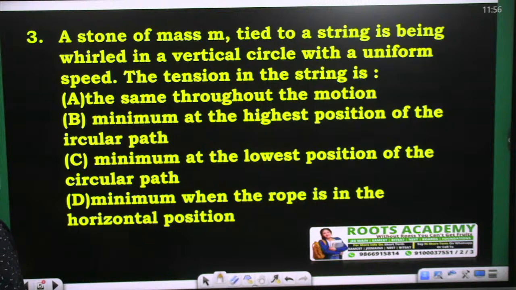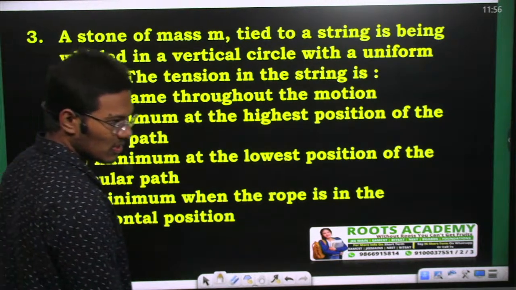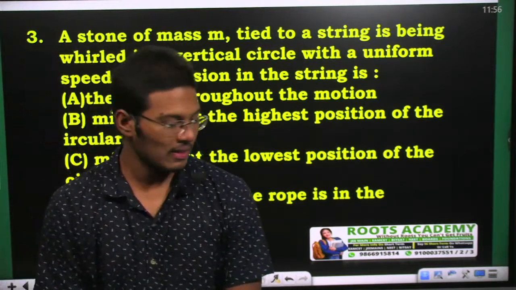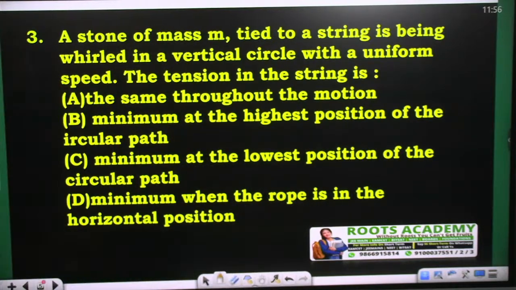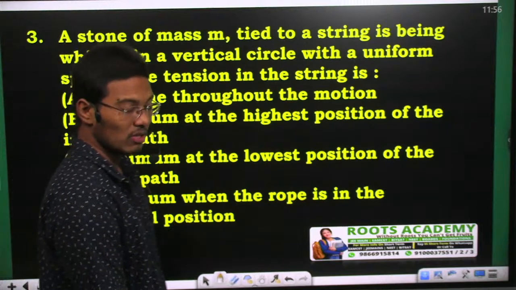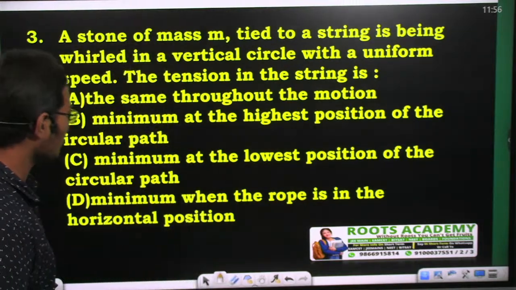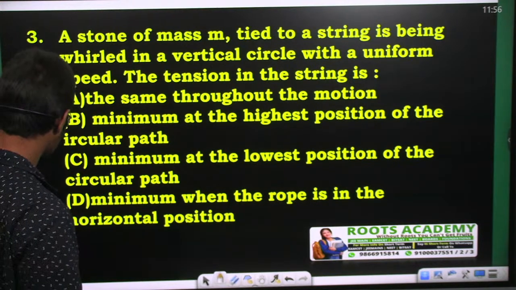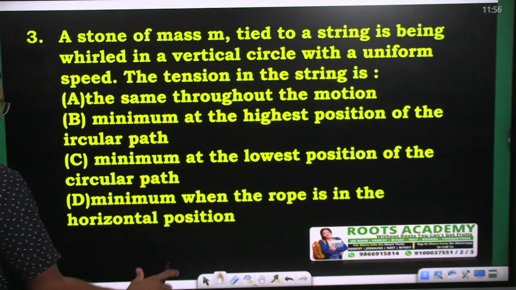The tension in the string is, and 4 options are given. So it's again a direct question from motion in a vertical circle. We can directly mark it, but let's discuss the concept behind it as well, so that it will be helpful to do similar problems if you get these concepts.